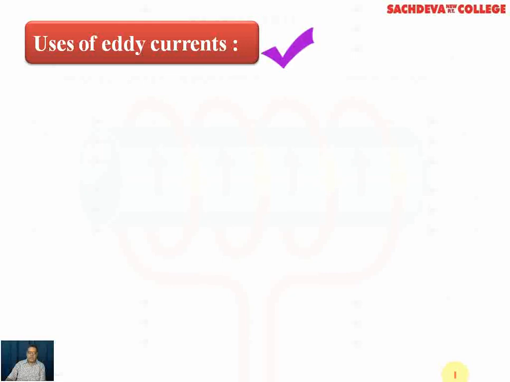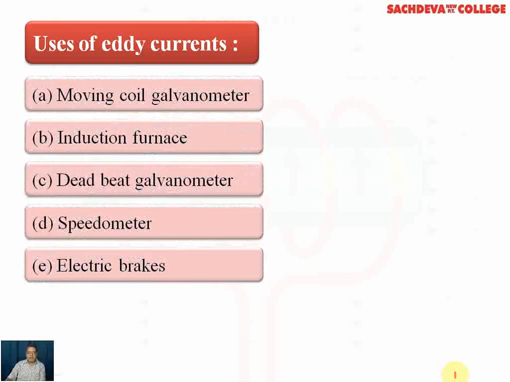Now, there are certain uses of the eddy currents. So we are not taking the drawbacks, rather we are taking the uses of eddy currents, and they are used in the moving coil galvanometer. That is, in the moving coil galvanometer, there is a coil which is rotating or moving between the concave shape of the magnetic poles.